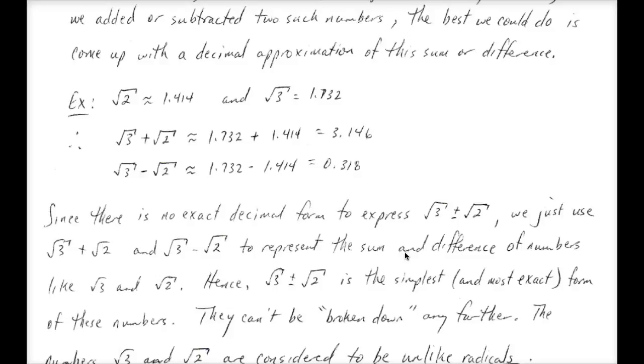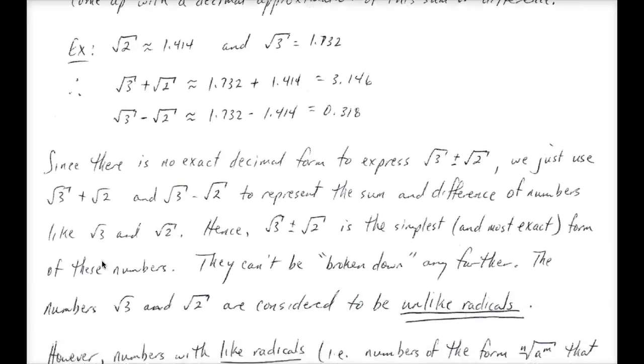So we would just leave the expression as square root of 3 plus square root of 2, or if we're subtracting them, square root of 3 minus square root of 2.